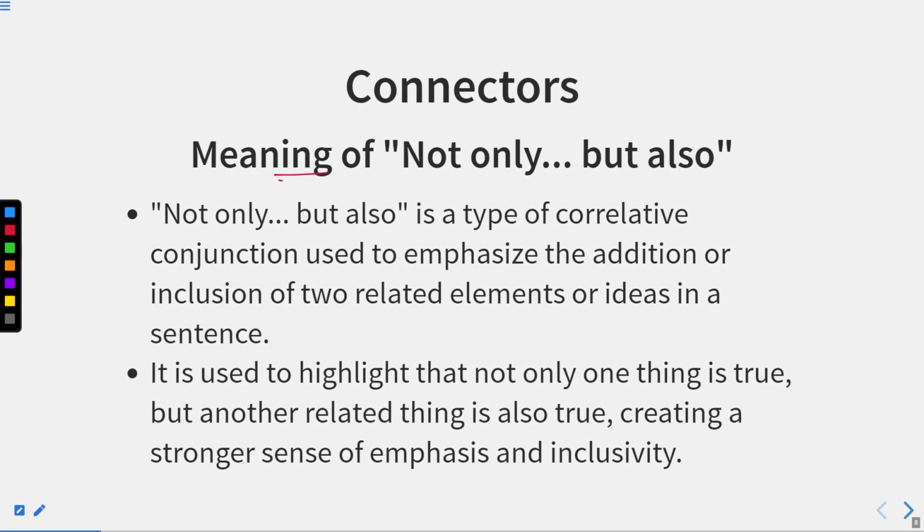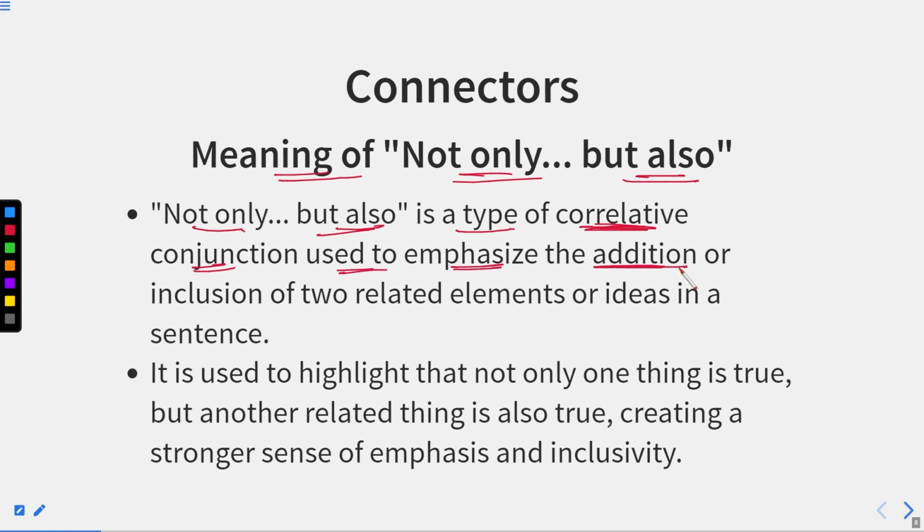Now first of all we'll discuss the meaning of not only but also. I hope that you must have understood the concept. Not only but also is just saying that we are emphasizing the importance of something else. Now, not only but also is a type of correlative conjunction. This is a pair of correlative conjunctions used to emphasize the addition.